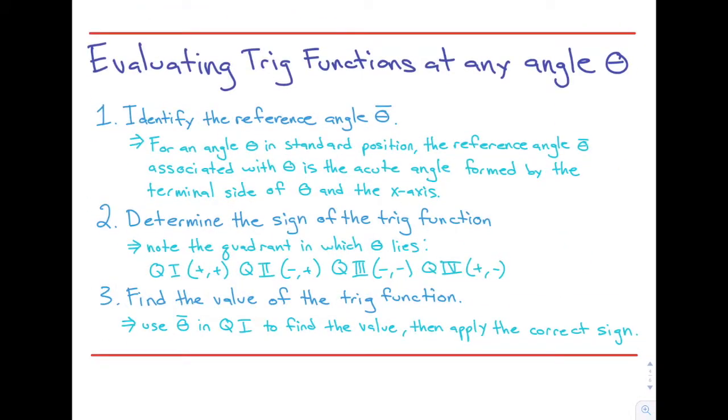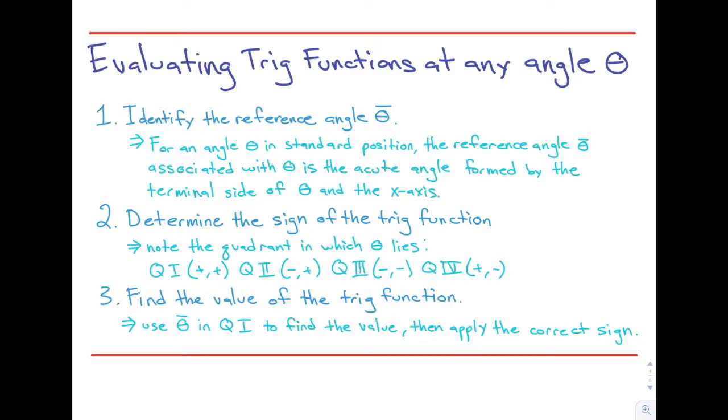Lastly, to evaluate trig functions at any angle theta, we first have to identify the reference angle theta bar. This should make you think about t bar, the reference number we used in trigonometric functions as defined on the unit circle. For any angle theta in standard position, the reference angle theta bar associated with theta is the acute angle formed by the terminal side of theta and the x-axis.